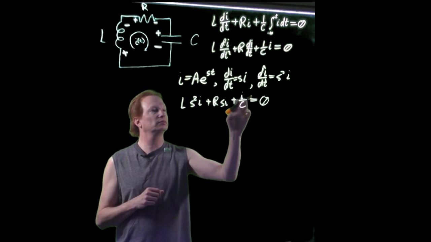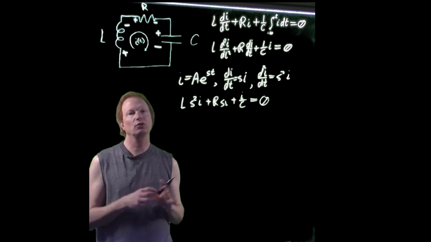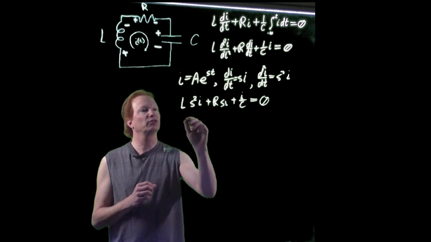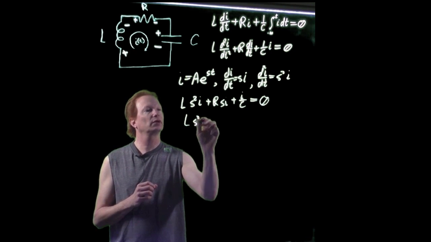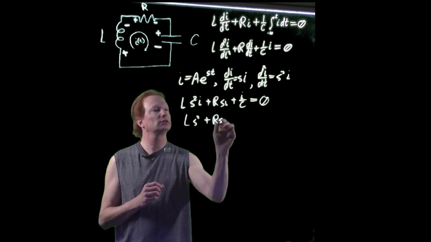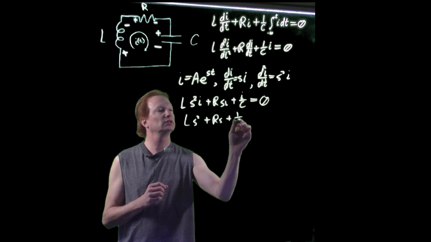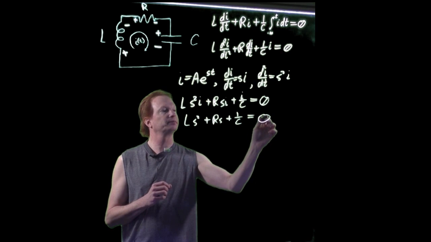Of course, we can divide the whole equation by i, and we just get L s squared plus R s plus 1 over C equals 0.